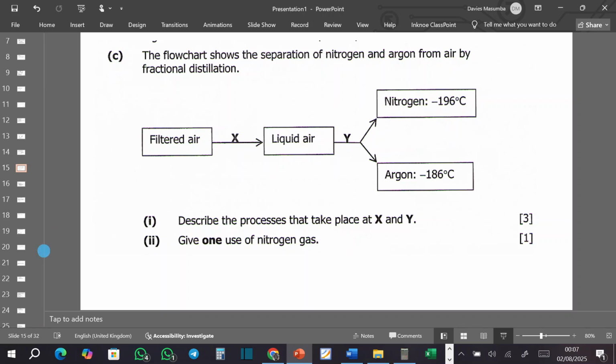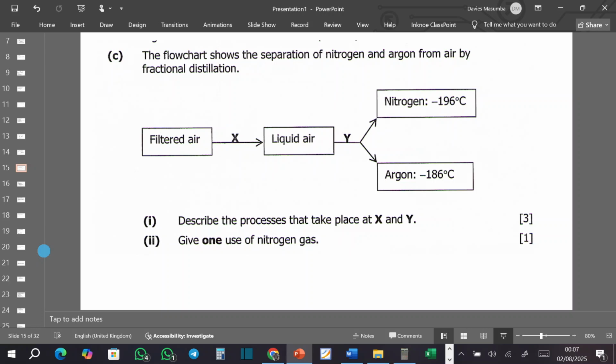So we're saying the flow chart shows the separation of nitrogen and argon from air by fractional distillation. Filtered air undergoes process X. You have liquid air. Then liquid air undergoes process Y. You get nitrogen and argon. Roman numeral 1, describe the processes that take place at X and Y.